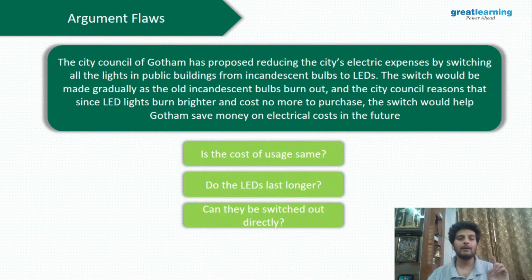It could very well be possible that the cost of usage of LEDs is higher than the cost of usage of the normal bulbs. So if it is found out that the cost of usage of LEDs is higher, then the reasoning of this argument is flawed and the city council would actually incur losses if they switch it.